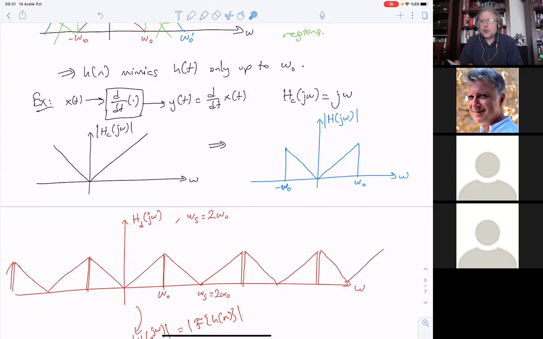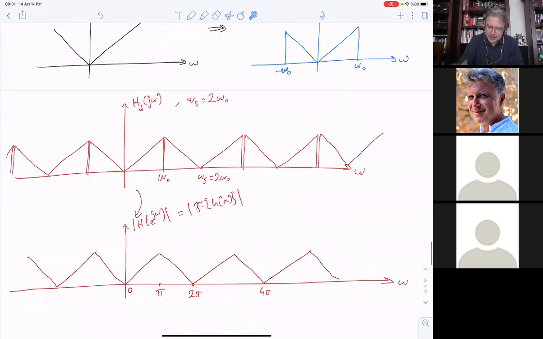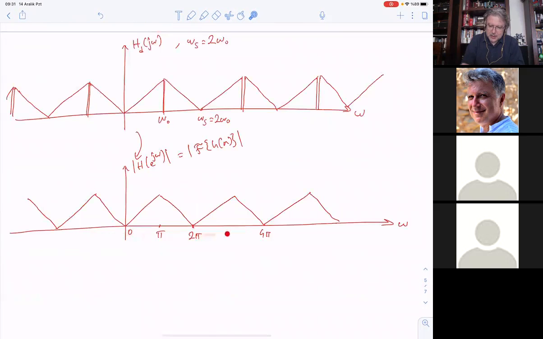X of t is band limited to omega 0. So the input is band limited to omega 0. What is the frequency response of the discrete time filter H in discrete time? And the answer that you must give me must be this. This is the frequency response of the filter.